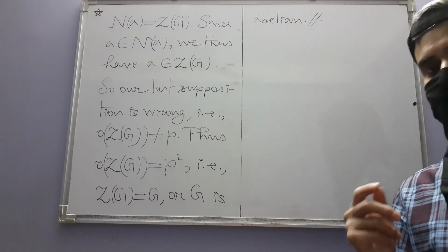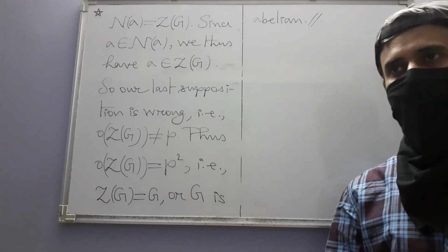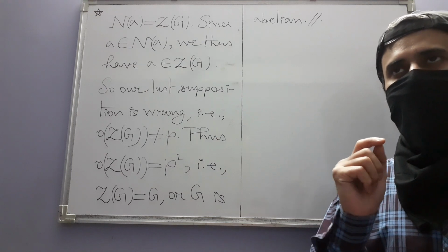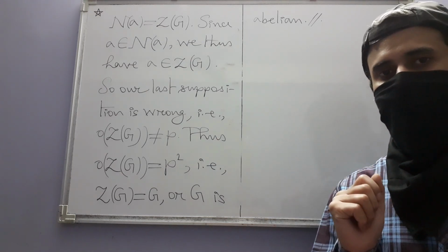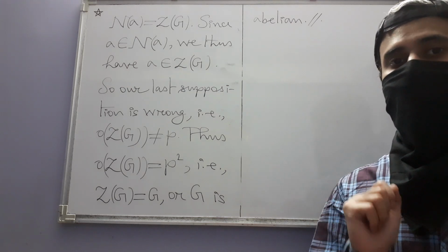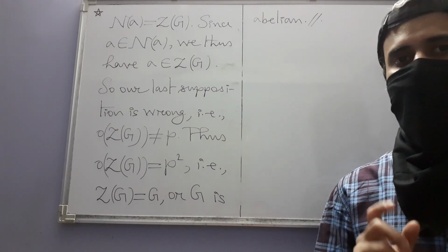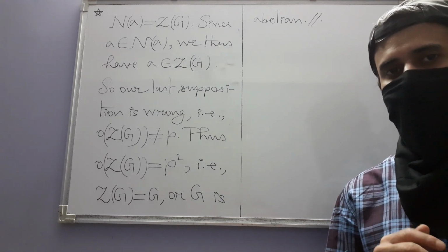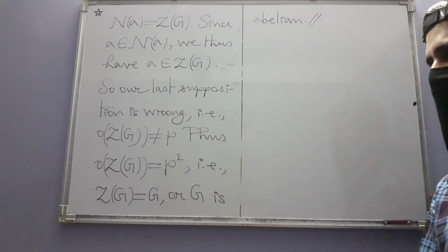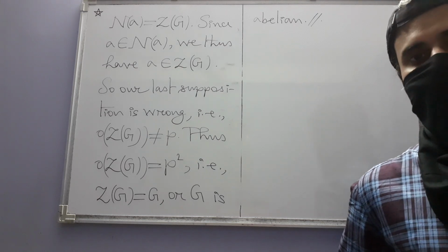Let's recall the theorem just briefly. It says that if G is a finite group whose order is divisible by some prime P, then G has an element of order P in it. So that is Cauchy's general theorem for any finite groups, which we will prove in the next group theory video.